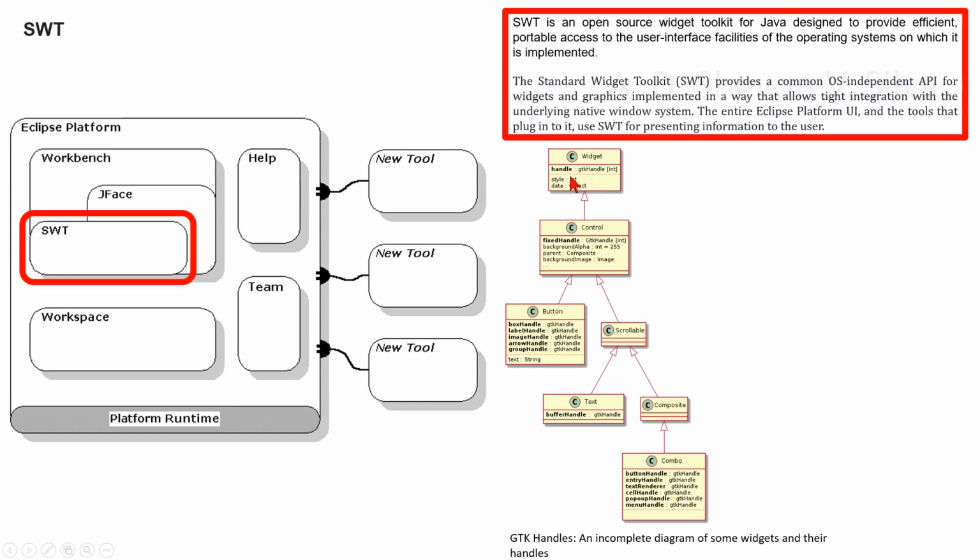For example, each SWT widget is often made up of several GTK widgets or has pointers to GTK widgets. In general, createHandle is a good place to start when you first look at a widget. Also inspect the star handle star methods of the current widget and the widgets above it in the hierarchy.